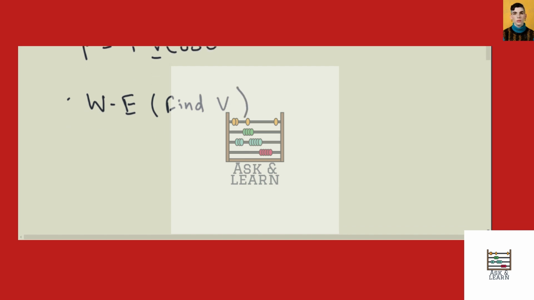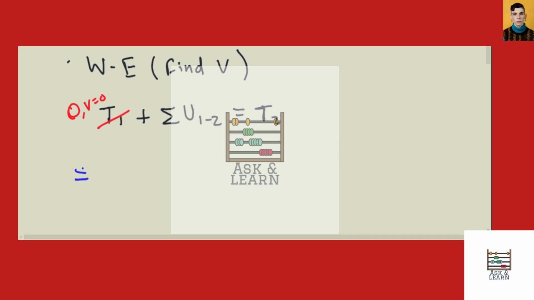So that's why we can use the work energy theorem, which is the initial kinetic energy plus the work done by the forces is equal to the final kinetic energy. But in this problem, the collar starts at rest, so the initial kinetic energy is 0 because at that instant the velocity is 0.